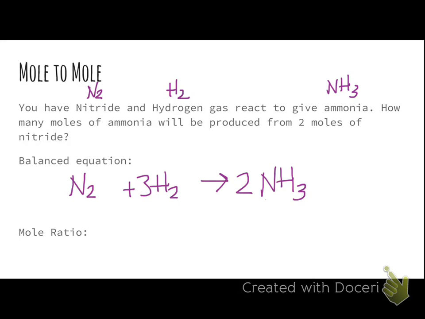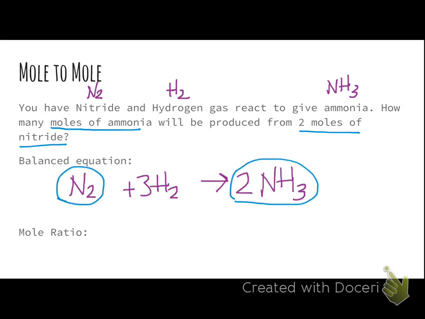Now the next step is to look back at the problem. I want to know how many moles of ammonia will be produced from 2 moles of nitrogen. So I need to write out my mole ratio first. My moles, I'm going between ammonia and nitrogen. So for every 2 moles of NH3, I have 1 mole of N2.